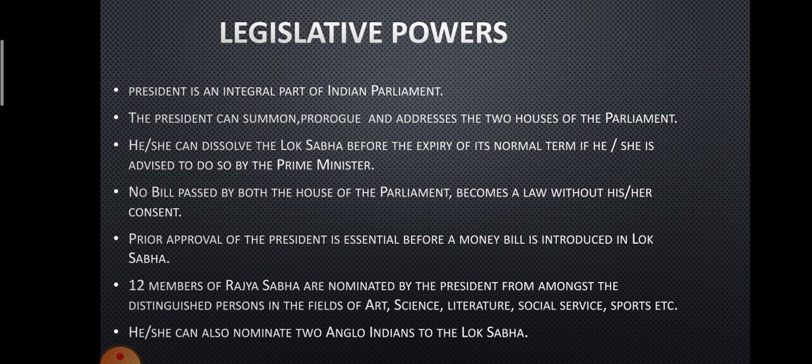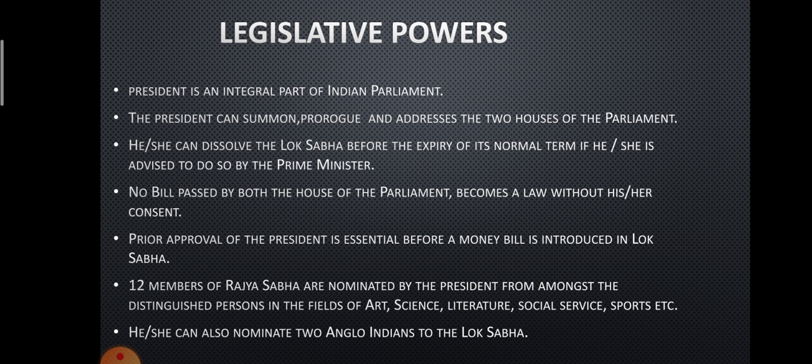Then, in the legislative power, 12 members of Rajya Sabha are nominated by the President from amongst distinguished persons in the field of art, science, literature, social service, sports, etc. You know that the Rajya Sabha has 250 members. Out of 250, 238 are elected indirectly.